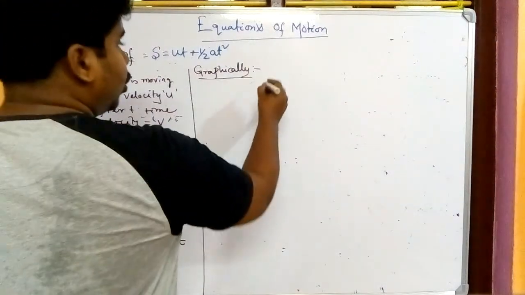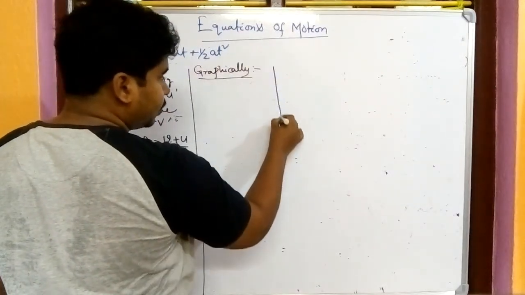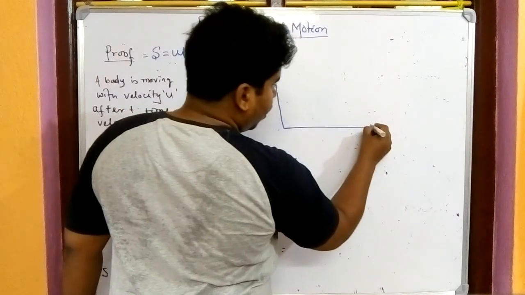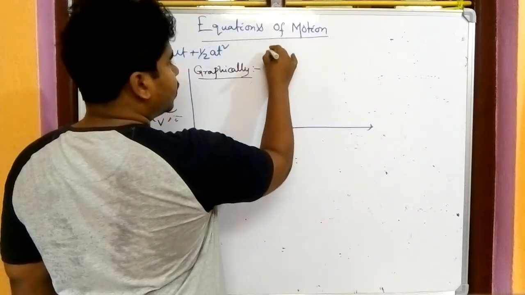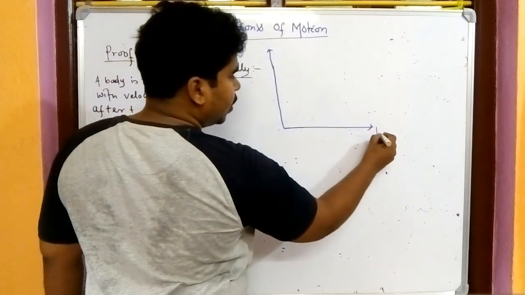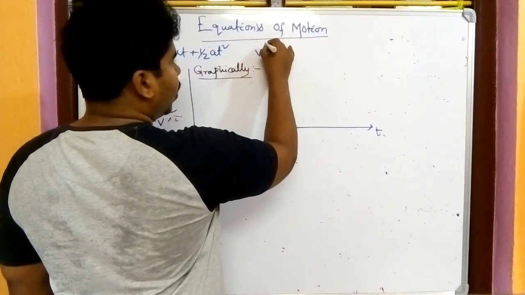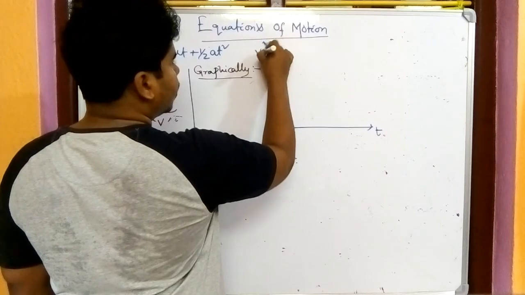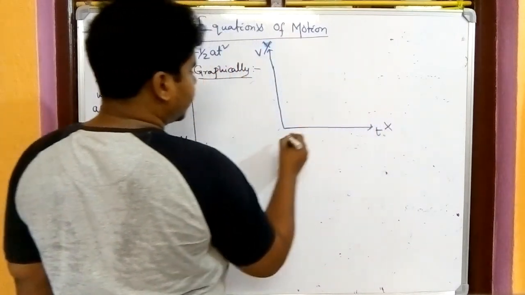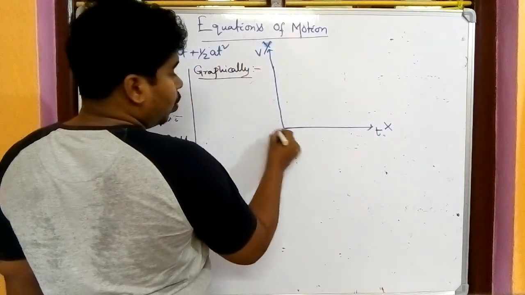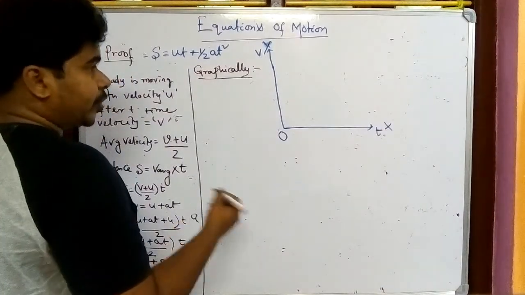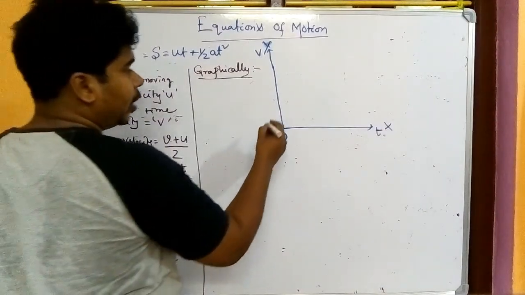Now if I want to prove it graphically, we have to draw the same graph that we have drawn earlier. Time is the x-axis, velocity is the y-axis, and this is O, the origin. Assume it is a velocity time graph.